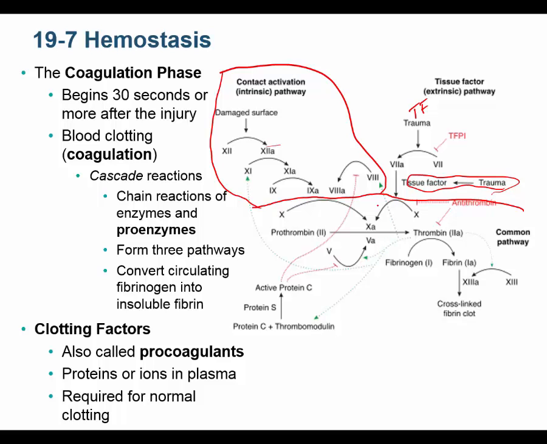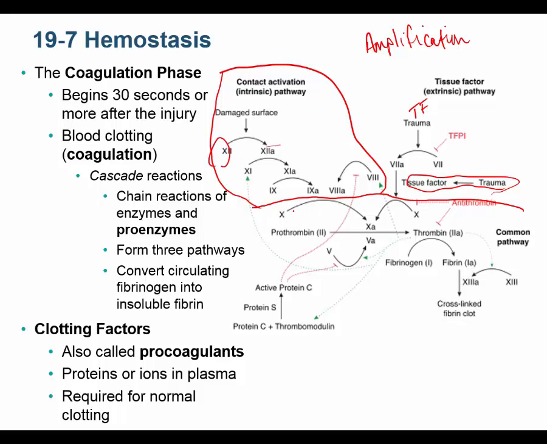This is a cascade. The power of this cascade is amplification. And what that means is it doesn't take much of 12 or of 7 to give you a lot of fibrin, because you amplify every step. These coagulation proteins exist as proenzymes.